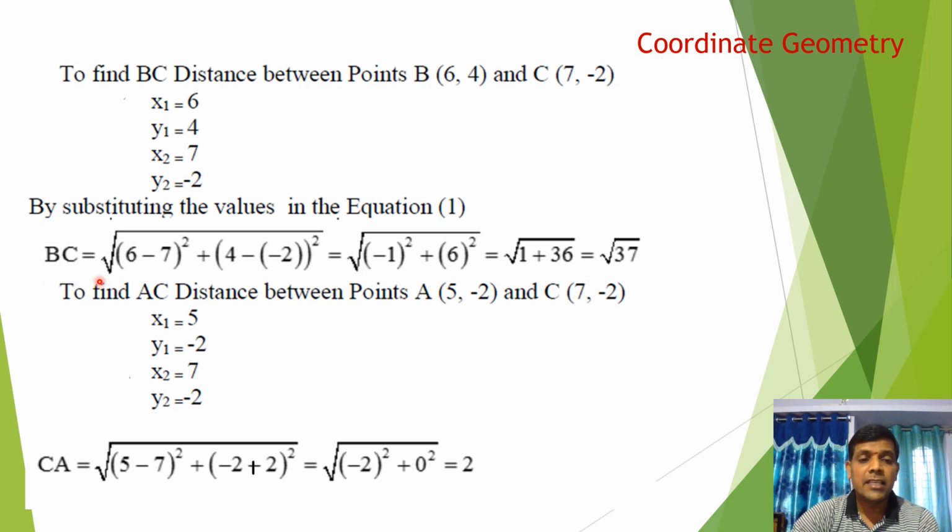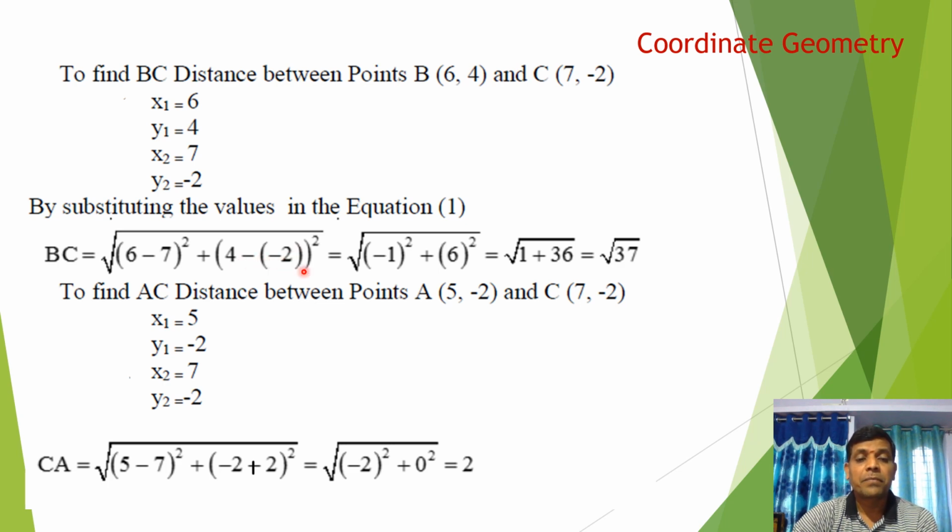Now BC equals square root of (6 minus 7) whole square plus (4 minus of -2) whole square. Now next step, 6 minus 7 we get -1, so (-1) whole square, plus 4 minus into minus is plus, so 4 plus 2 whole square.